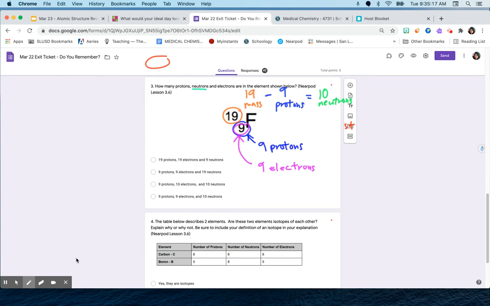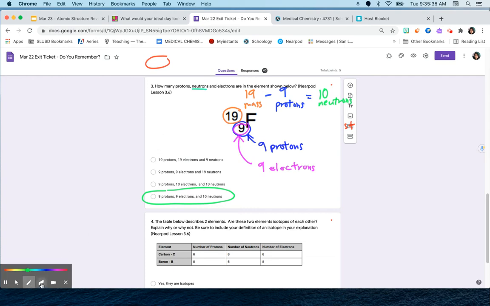So the correct answer is going to be this last one: 9 protons and 9 electrons because of the 9 down here, and 10 neutrons because I'm taking the mass of 19 minus the 9 protons.